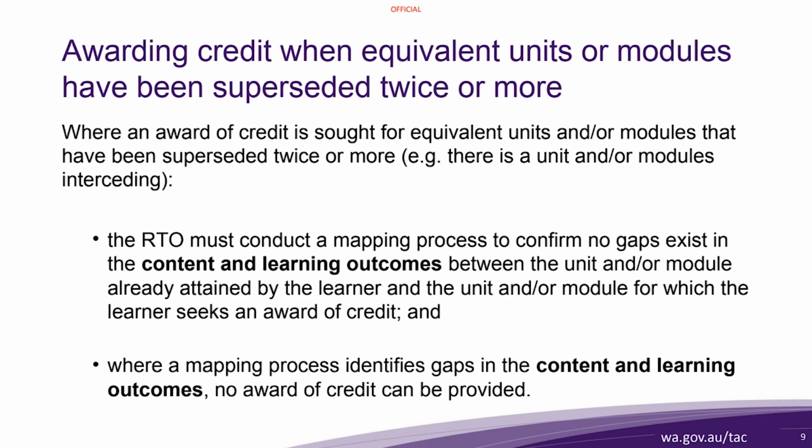As the previous slide said, if it immediately precedes the current version, then you can use it for credit if it's equivalent. But when we start looking at units of competency that have been superseded more than once, such as the example that we're using today, then we run into a significant problem.